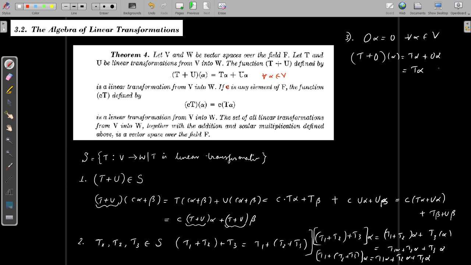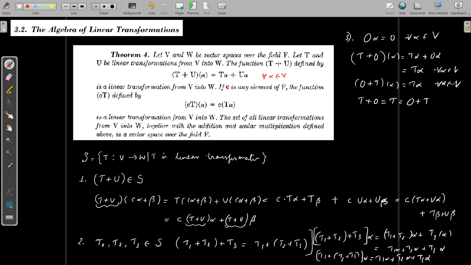So this is true for all alpha belongs to V. And similarly, you can prove that 0 plus T of alpha is the same as 0 plus T alpha, that is again T alpha for alpha belongs to V. So this shows that T plus 0 of alpha is equal to T alpha, that is equal to 0 plus T of alpha. So T plus 0 equals T, that is equal to 0 plus T. So this shows the existence of identity as the zero transformation.